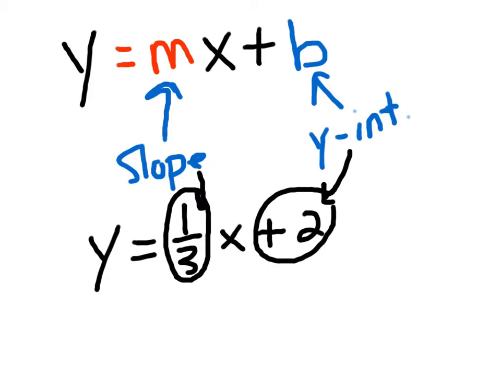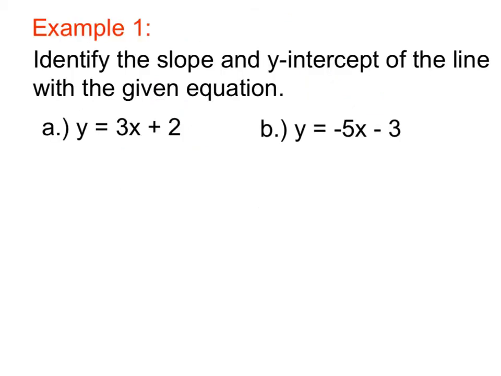So we could know that it should cross the y-axis at 2, and it should have a rise of 1 and a run of 3. Alright, so we can identify the slope and y-intercept just given the equation.